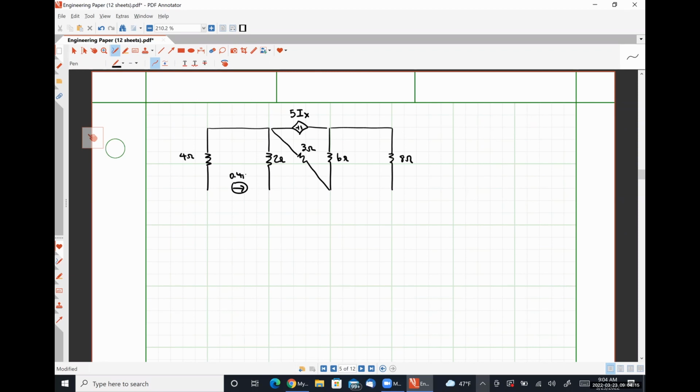Here we have a 0.4 amp source, short circuit, 10 ohm resistor through which a current Ix flows.